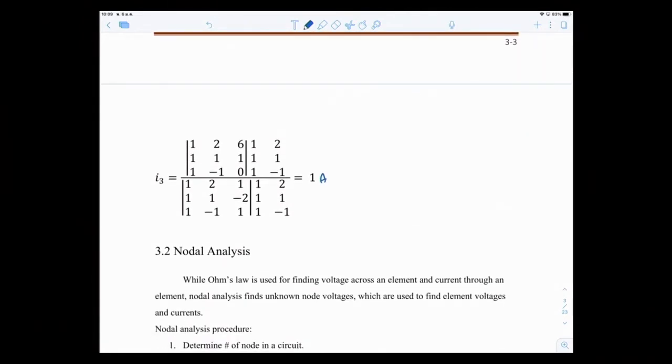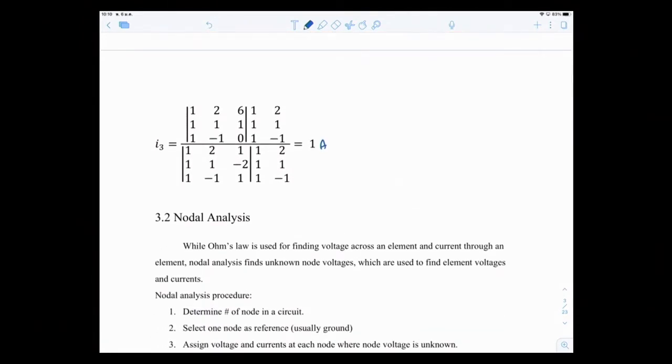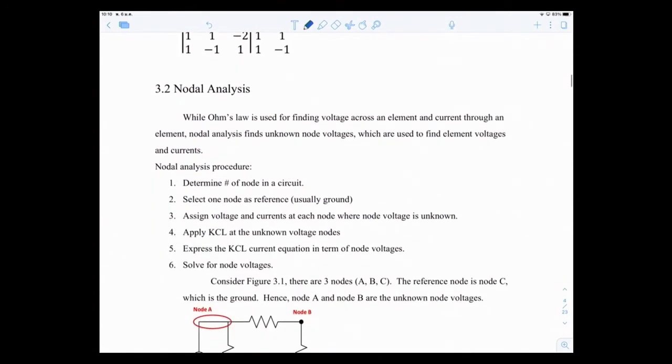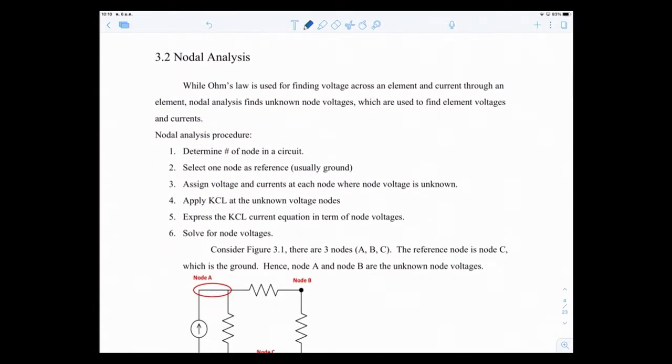And next one, nodal analysis. We're going to do nodal analysis now. There's a so-called method or procedure of how to do it, so you can start off correctly. These are the steps to perform nodal analysis in a circuit.